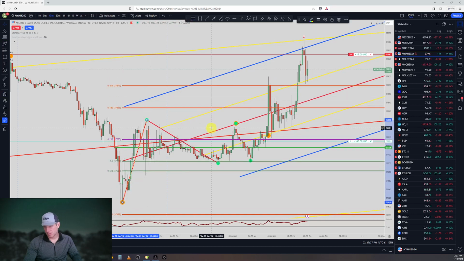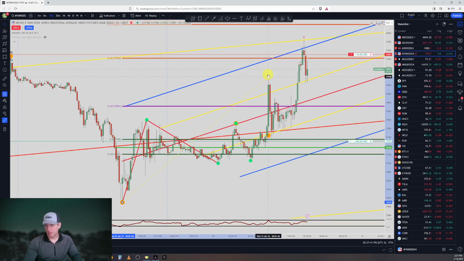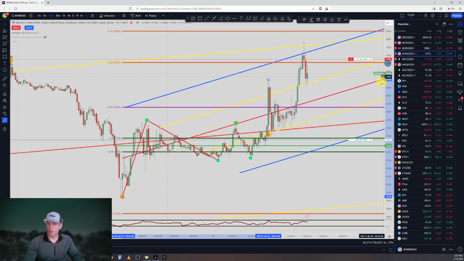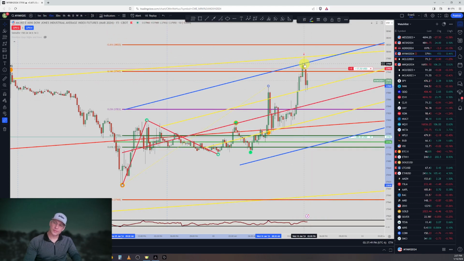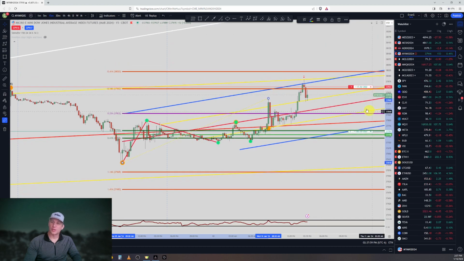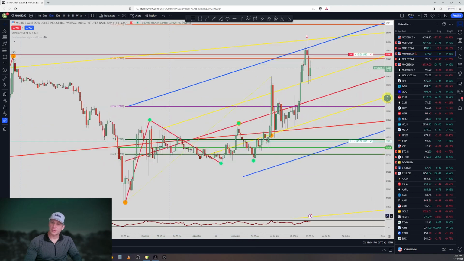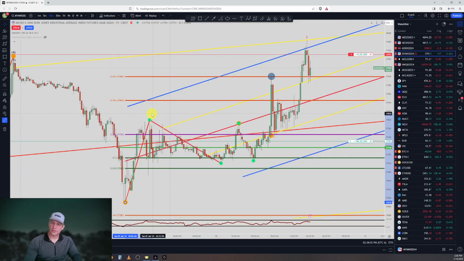So you can keep on drawing this down there, hit the 23.6. So the target, well, it hasn't. That's a weird one. So if we close above the blue right there, then the overall target's the white line up there. So that is kind of an interesting one right here.